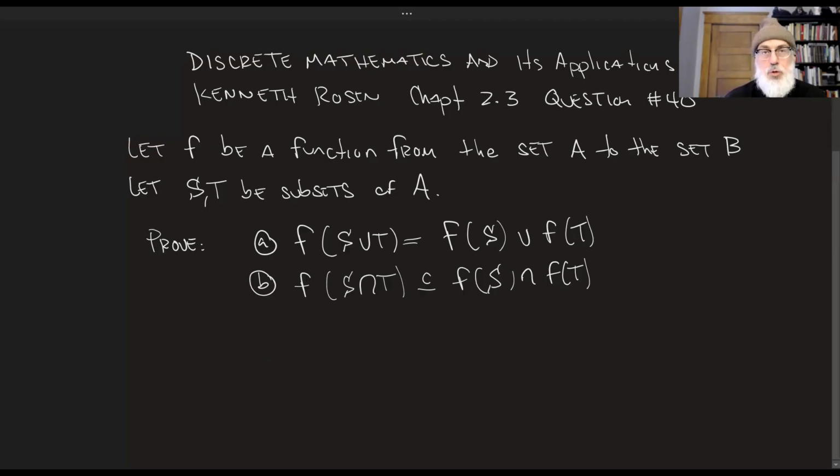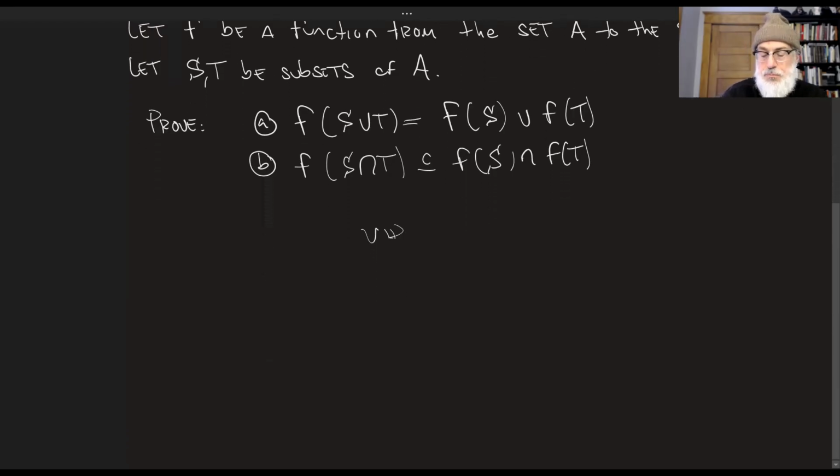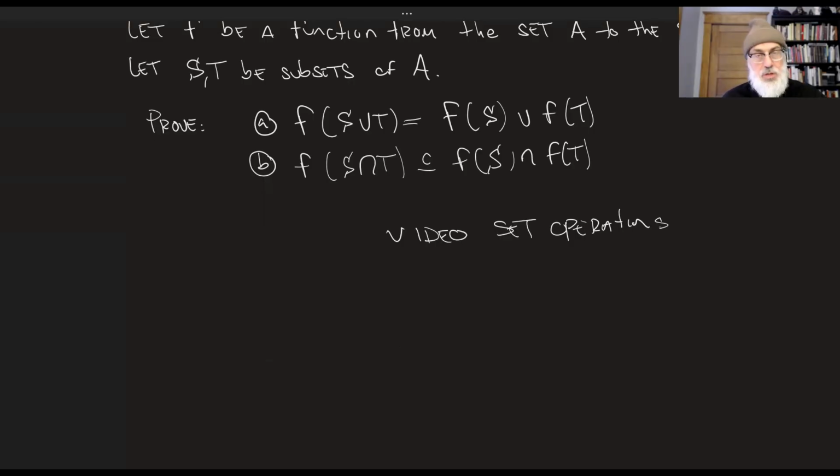We made a video about set operations. So if you need a review of set operations, you should look at that video, which I'll link above here. That goes over set operations, union, intersection, difference, complements, and other identities that you might need, what it means to be a set, what it means to be an element of a set, what it means to be a subset, what it means to be a proper subset, the empty set, and all those concepts you can find in that video.